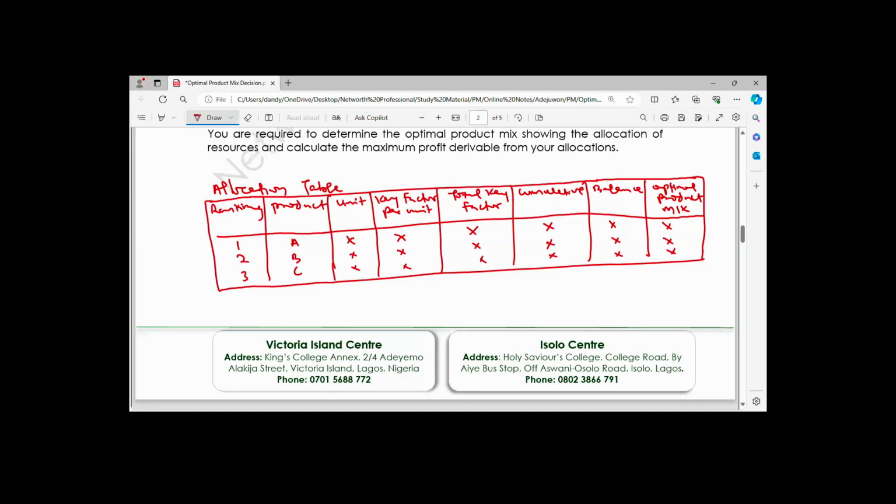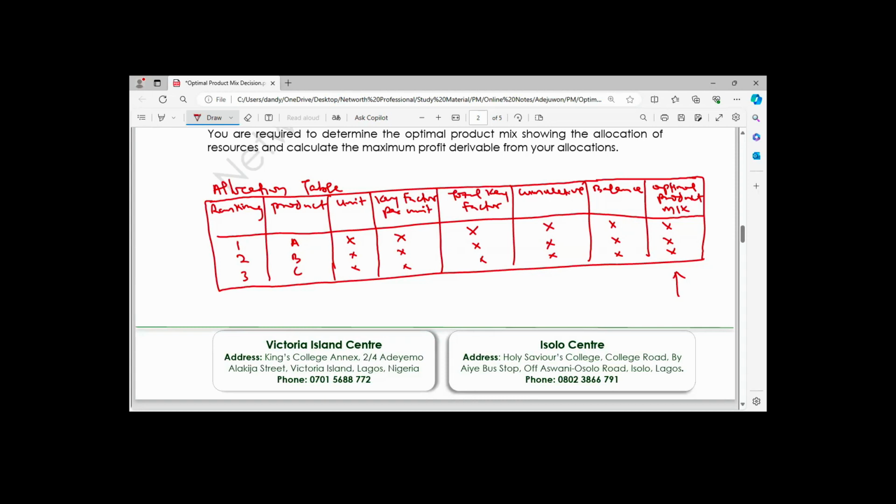Now, this is the format of allocating the resources. After this, the next step is to determine the optimal product mix or production plan. Whatever you have here will represent your optimal product mix or production plan that will maximize contribution.